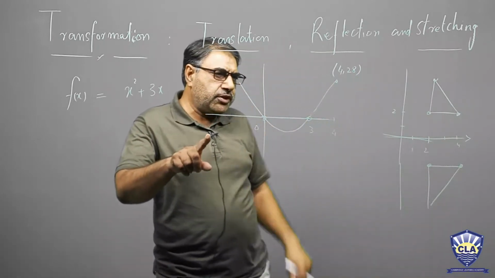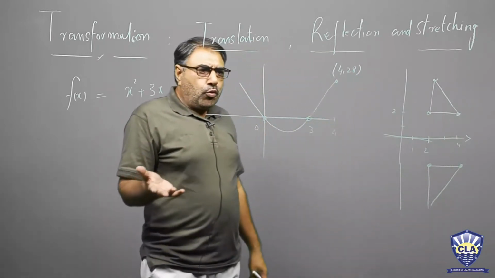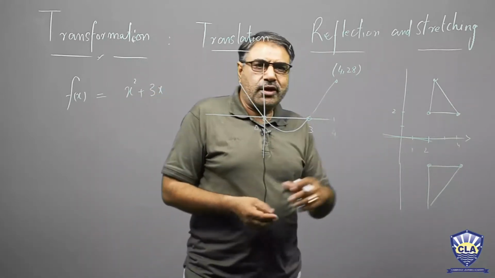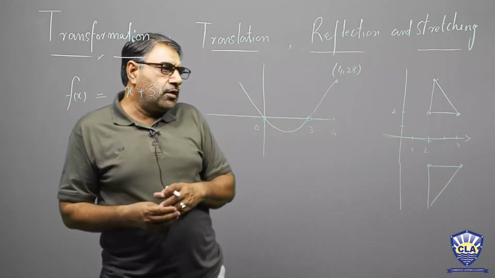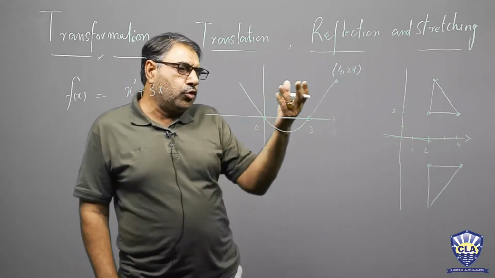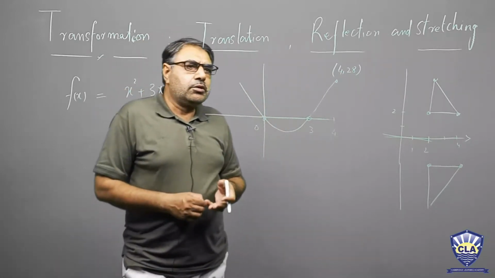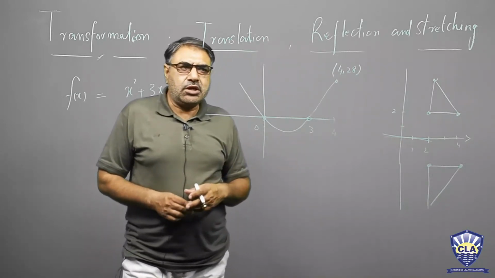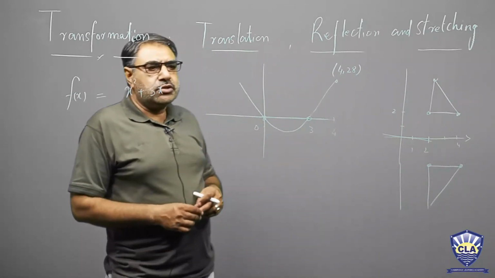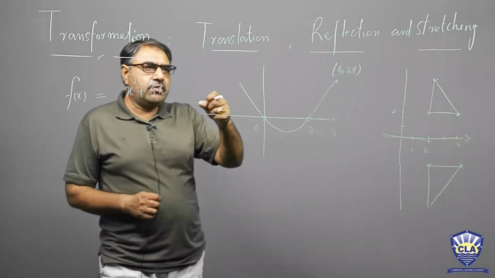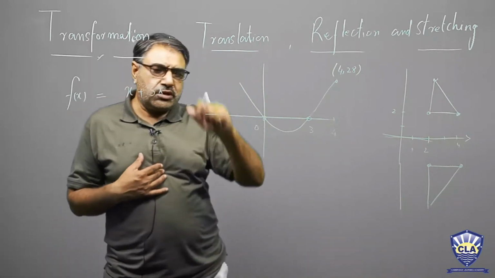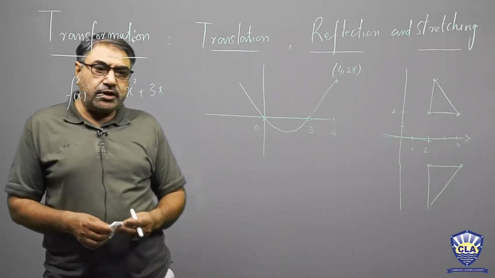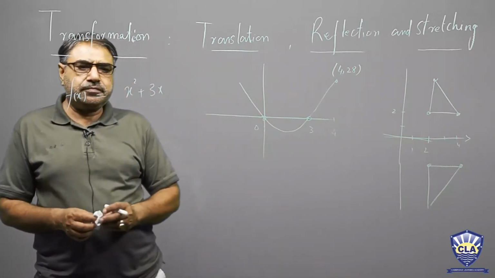The sequence will be the same in A levels also. We have the curves in A levels, not the triangles. तो इनको हम on the curves we will find 1 or 2 points, or the points will be given to you. इनको translate कर दीजिए, reflect or stretch this curve, reflect this curve or translate this curve. Now, first of all, we will start with translation.